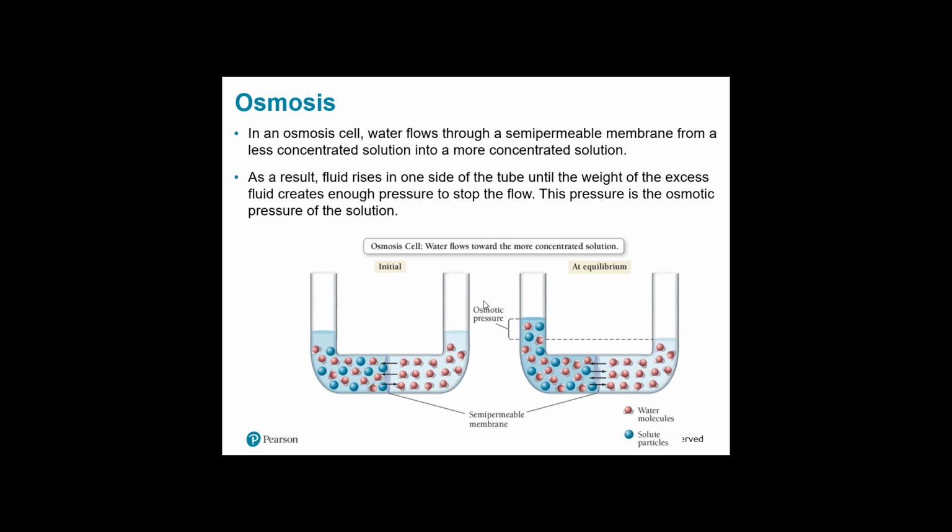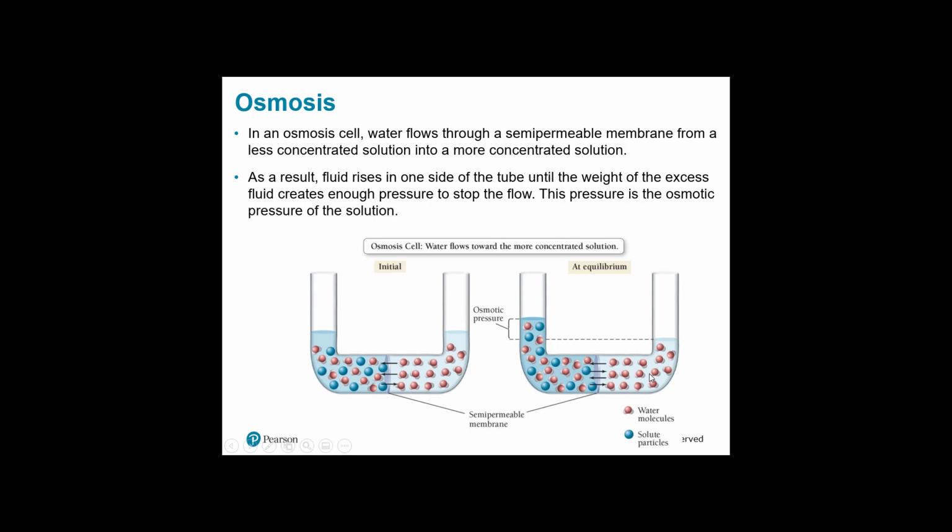The water molecules can pass over here, but these blue particles cannot pass over, so they're stuck on this one side. The water molecules are on the right, and the solute and water molecules are on the left. The initial state, the first drawing on the left, shows water levels equal on both sides. But eventually the water molecules will start going over and some will come back.